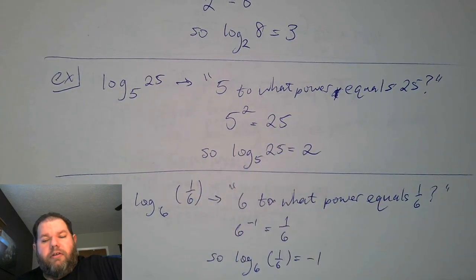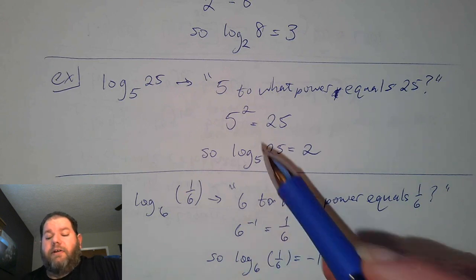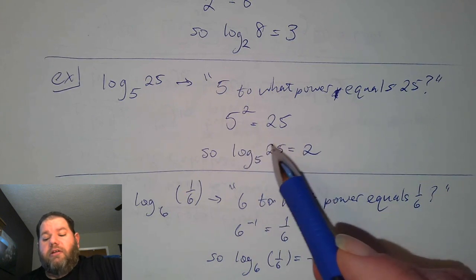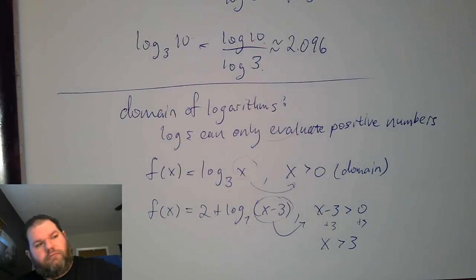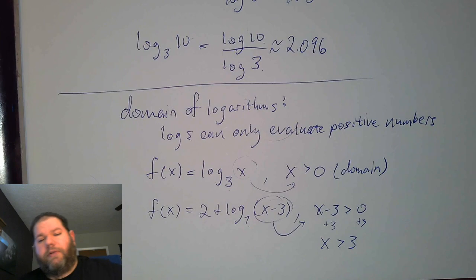The reasoning there is entirely based on an exponential expression. And that's how we came to the conclusion that this logarithm is equal to a specific value. And because of that, they're intrinsically connected. So let's explore that connection further.